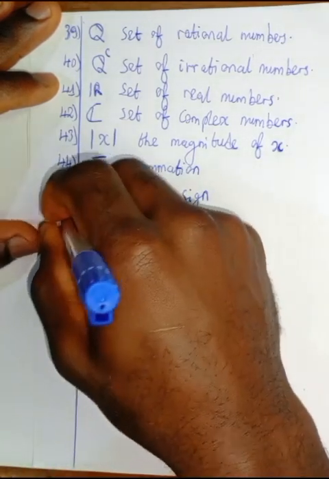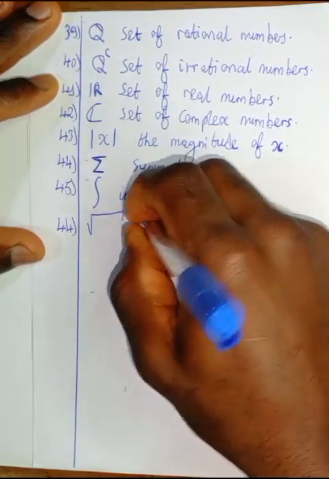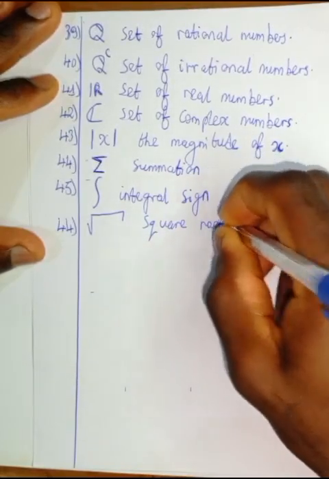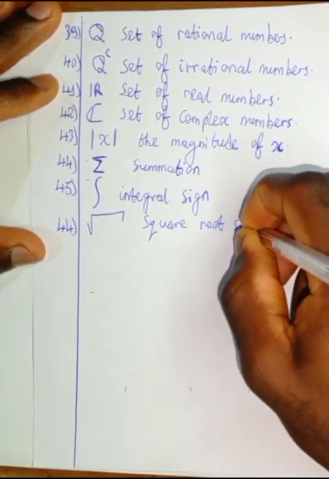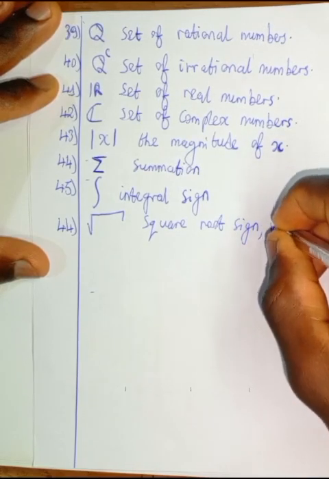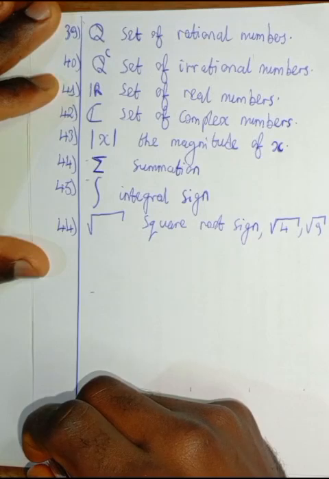We go to 46. We have this one, which is the square root sign. For example, we can take the square root of the number 4, the square root of the number 9.